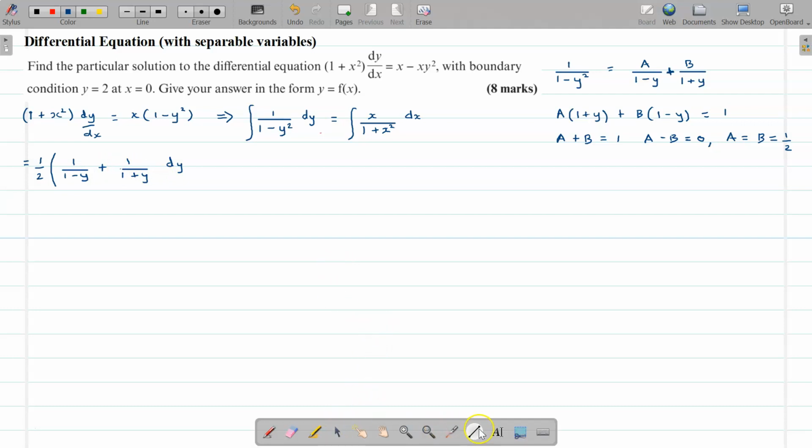Strictly speaking, because there are two terms, I'll leave the bracket in, because it's better to do that when you're integrating two terms.